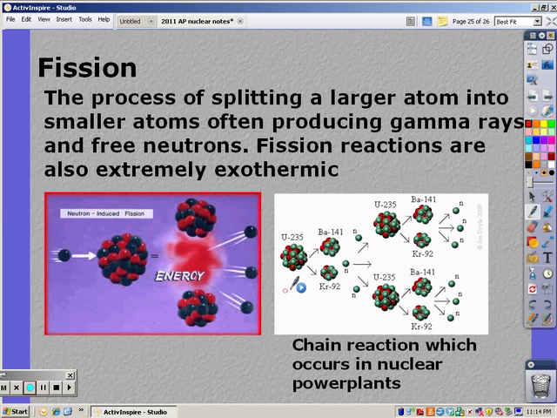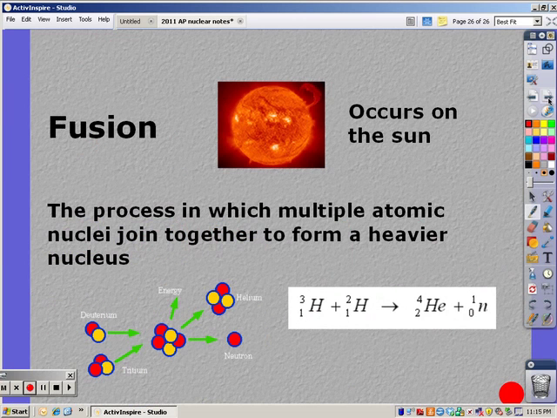It breaks it into two atoms that are roughly equal in size, and more neutrons. Those neutrons then go off and can break other atoms up. And so this is a chain reaction in which the products start the next reaction. This can grow exponentially if uncontrolled. So in a nuclear power plant, they have to control this by absorbing some of those neutrons. And cadmium usually does that, cadmium rods.